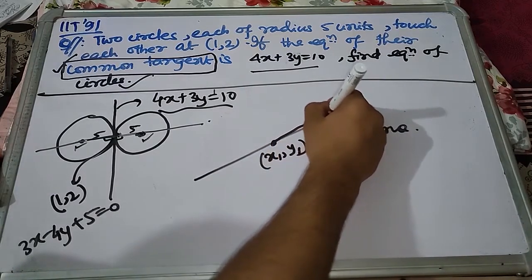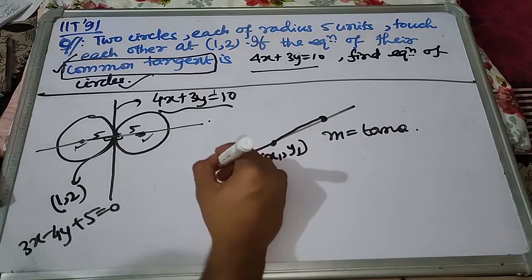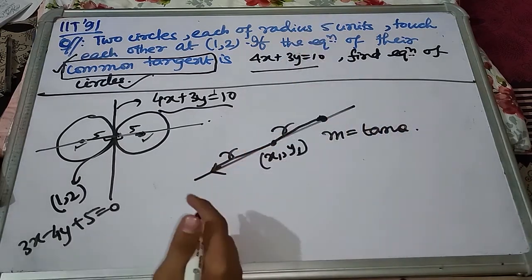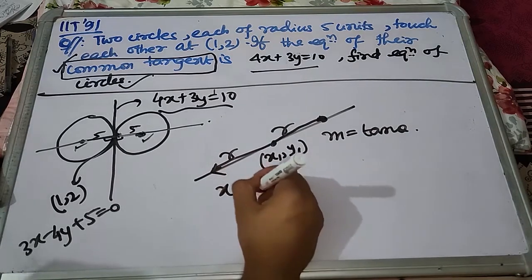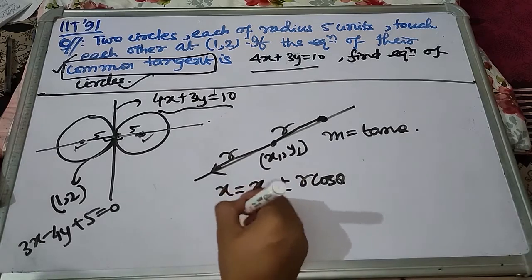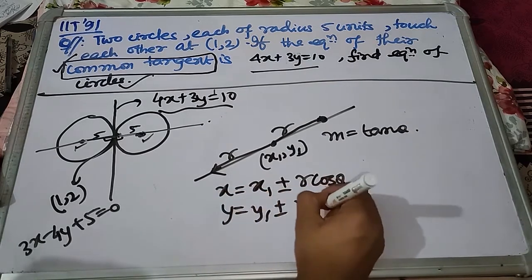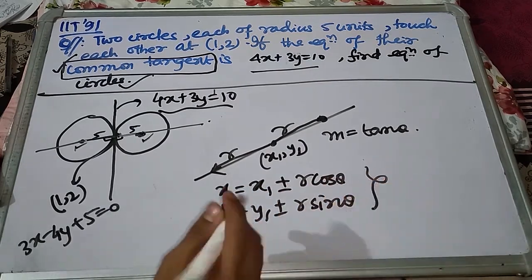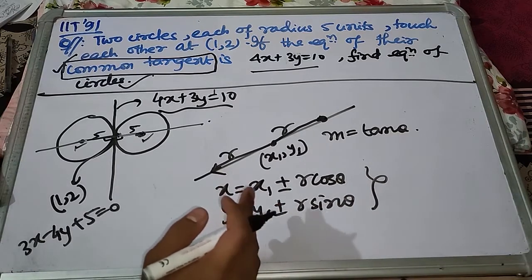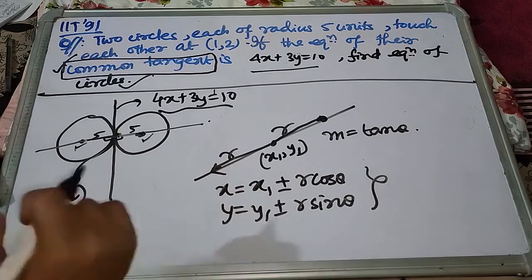You move r units ahead or you move r units backward. How can you find that coordinate? That coordinate is actually x equals x1 plus minus r cos theta and y equals y1 plus minus r sin theta. If you remember, this is your parametric form for straight lines, and this is why you need to study straight lines nicely before moving on to circles.